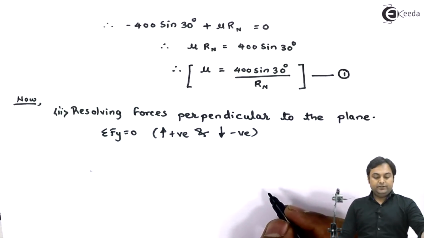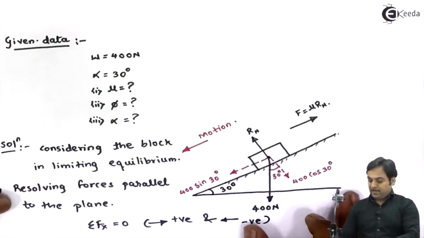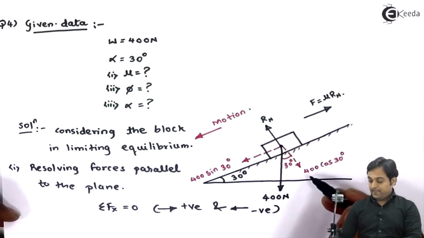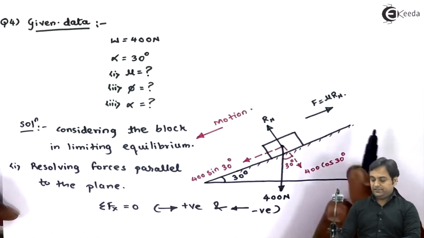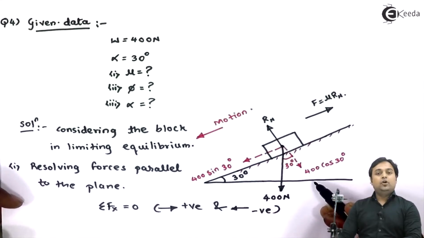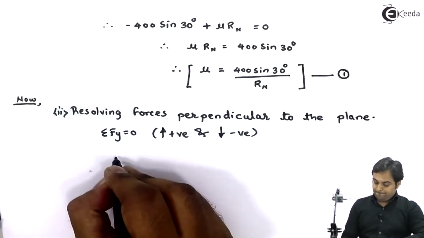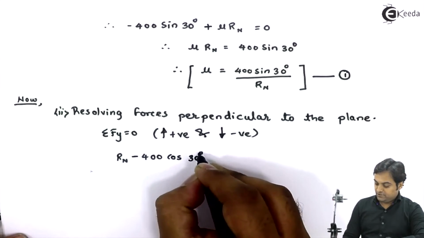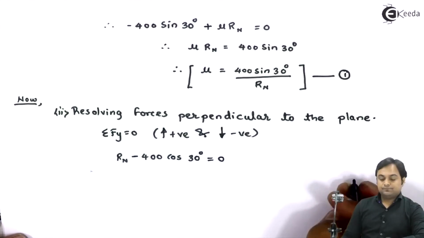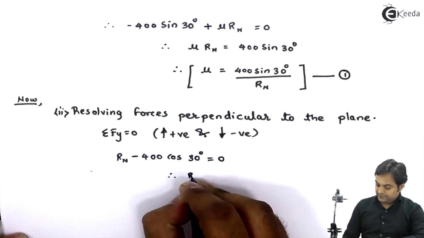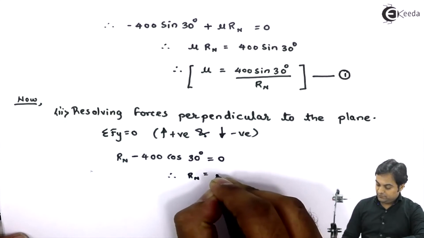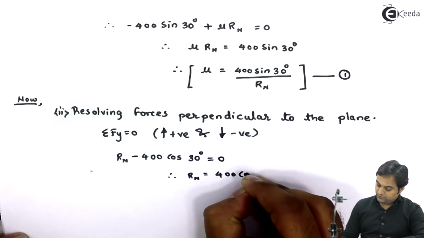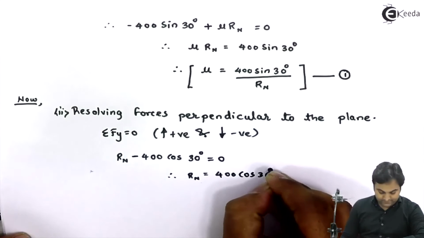So here in this problem, I have Rn, the perpendicular component which is upward, so positive, 400 cos 30 is negative, so it is Rn minus 400 cos 30, that's equal to 0. Therefore Rn is equal to 400 cos 30 degree.